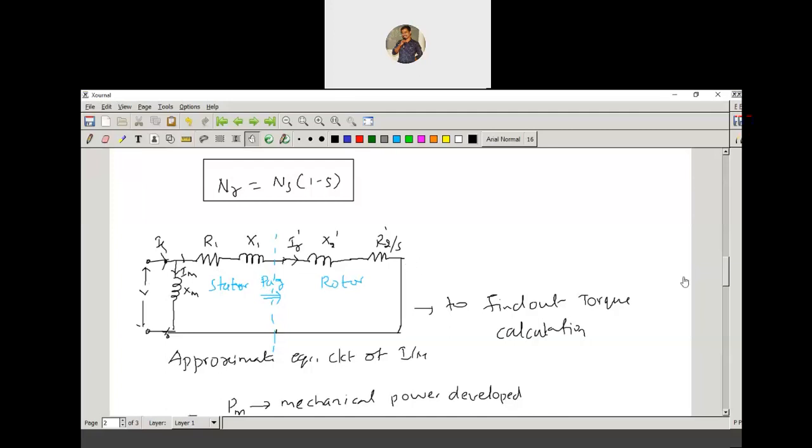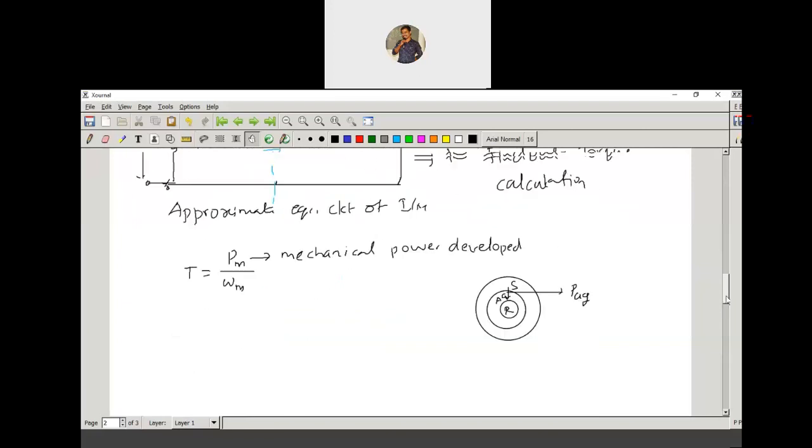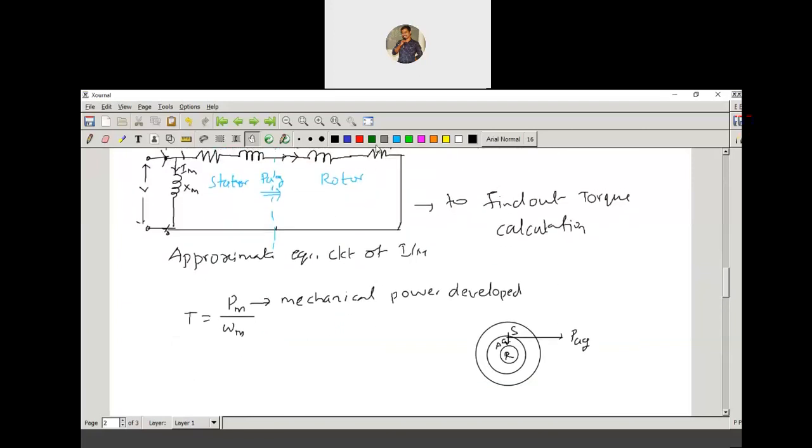Okay, so from these different types of power, can you tell me how we can write this mechanical power developed PM value? Anybody, could you answer this, the mechanical power developed in terms of air gap power as well as in terms of the rotor copper losses?